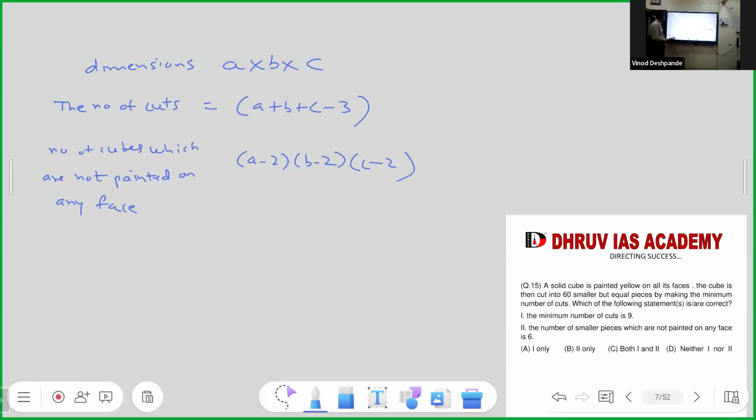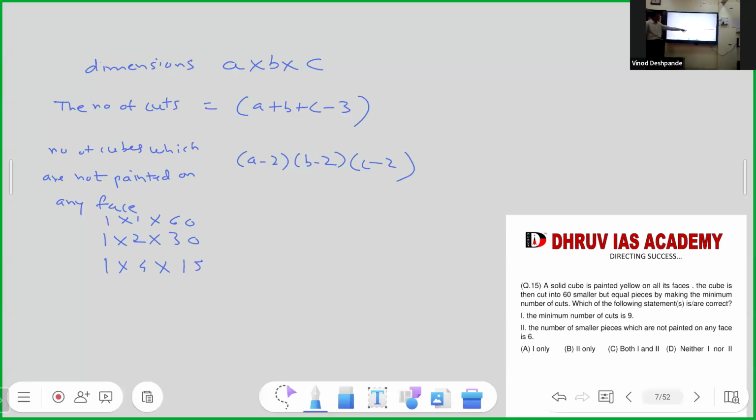You can have the dimensions as 1 into 2 into 30, or 1 by 1 by 60 also, that means length 1, breadth 1 and height 60. Or you can have 1 into 4 into 15.